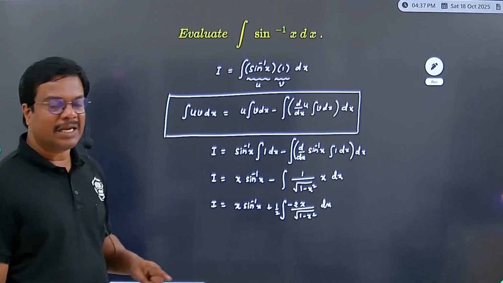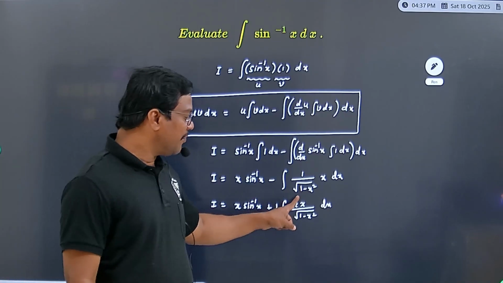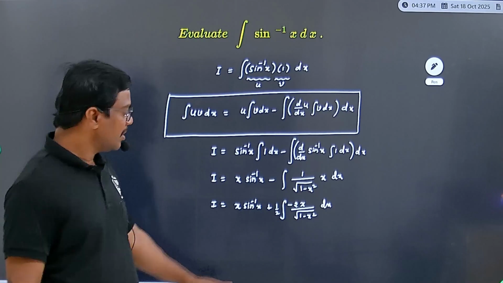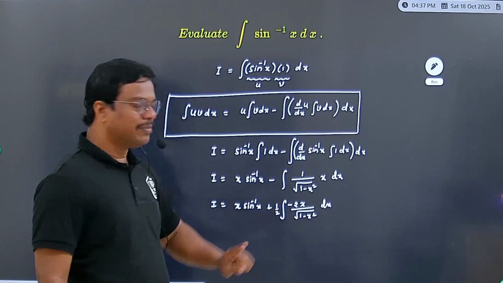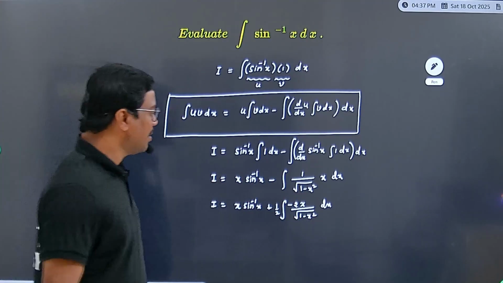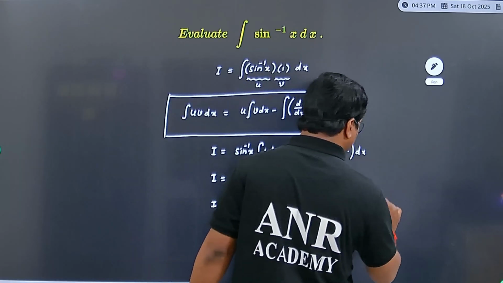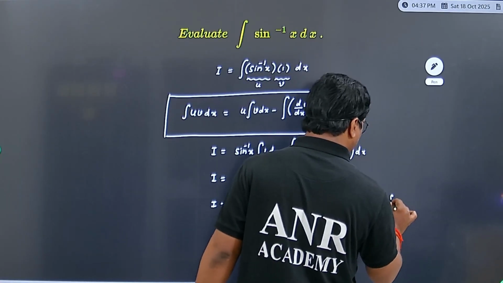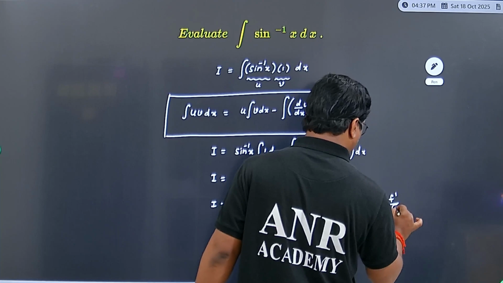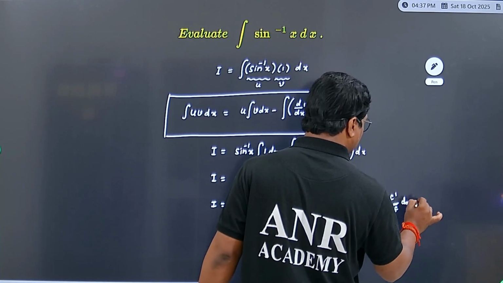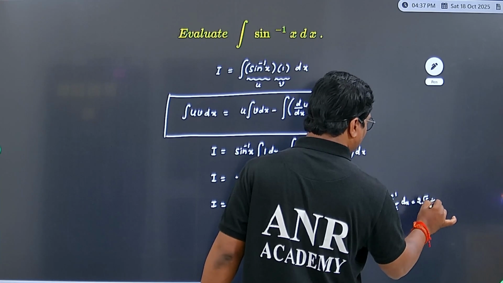Now observe the integral, it is of the form f dash x by root f of x. 1 minus x square has derivative minus 2x, that is in the numerator part. So the integral is of the form f dash x by root f of x dx, which is 2 times root f of x plus c.